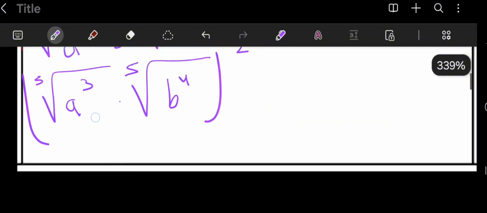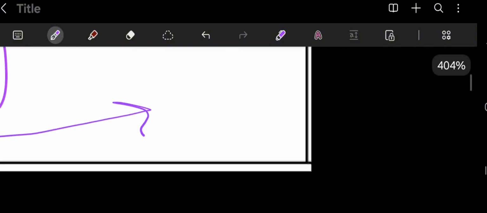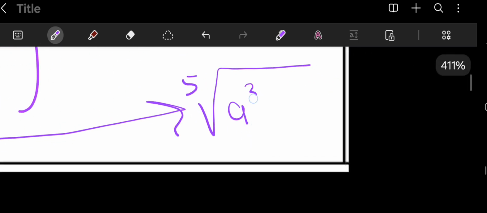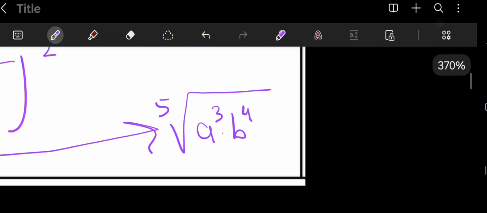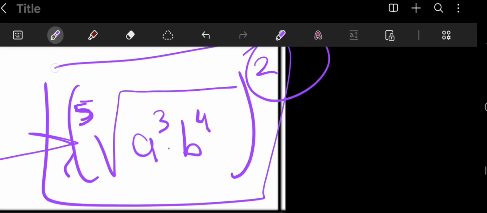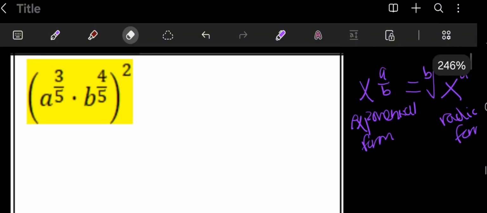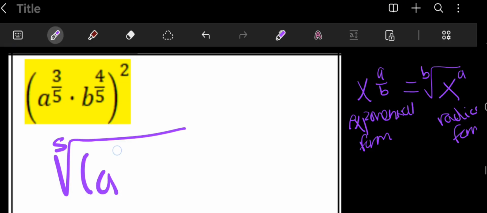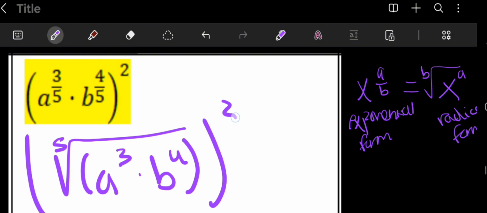Since they're both to the 5th root, we can just rewrite this as the 5th root of a to the 3rd power times b to the 4th power, right? So we have that, and I'm just going to leave it at that, and just don't forget my little squared right here. And this is just what we're left with. So then at the end we were left with the 5th root of a to the 3rd times b to the 4th, and then all of this was squared.